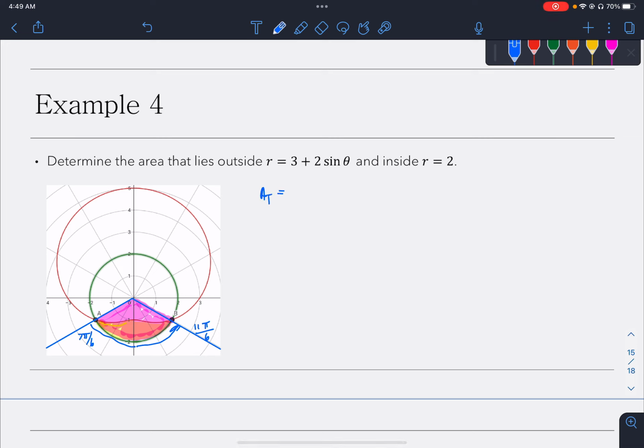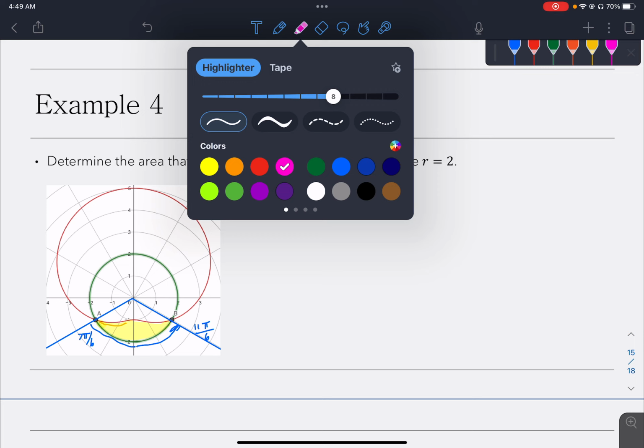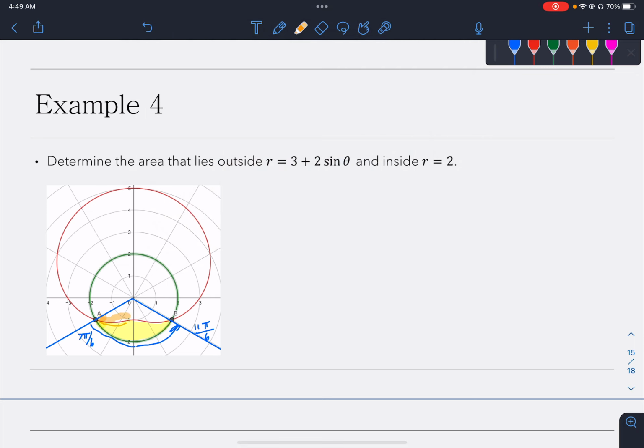The total area would be the area of the circle, and then I'm going to subtract the area of the limacon. Because for the limacon, this is just the area that we will be getting once we evaluate the limacon from 7 pi over 6 to 11 pi all over 6. Okay? So our total area would be the area of the circle minus the area of the limacon. And we follow the same formula.